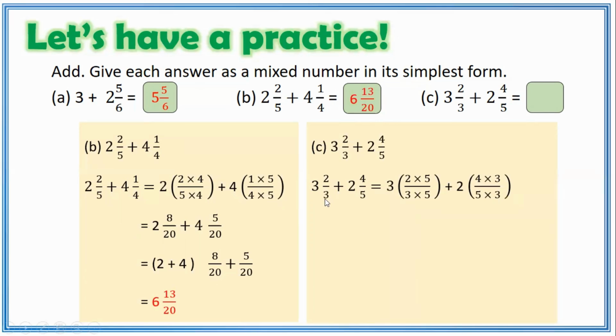The first common multiple of the denominators 3 and 5 is 15. So we multiply 2 out of 3 by 5 out of 5, and 4 out of 5 must be multiplied by 3 out of 3.